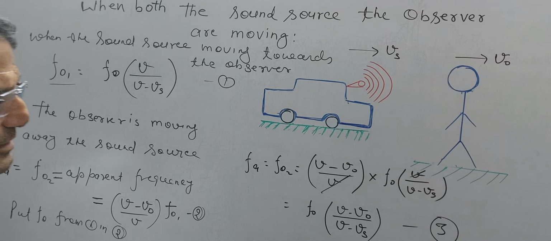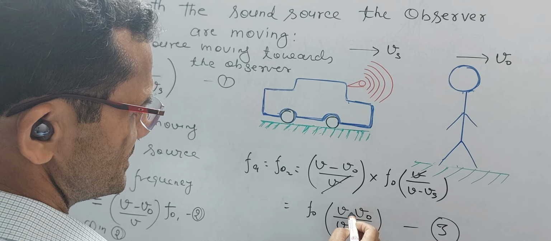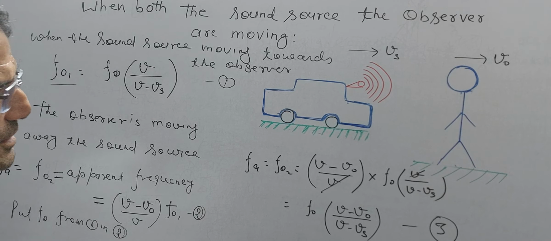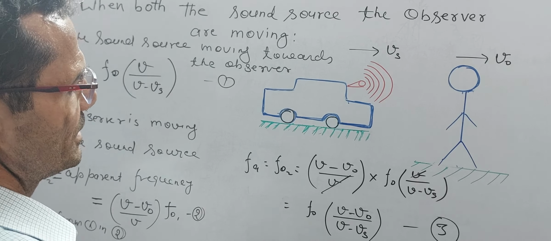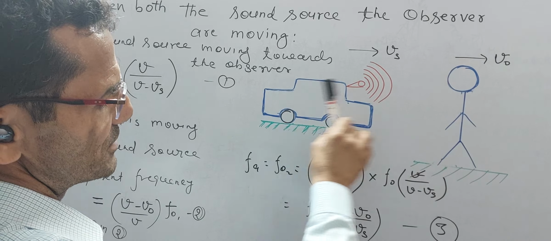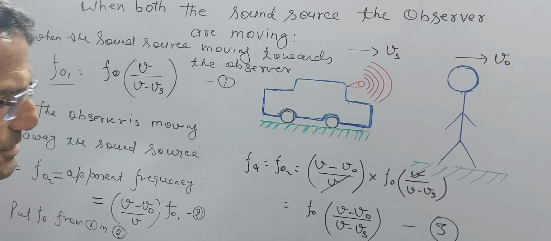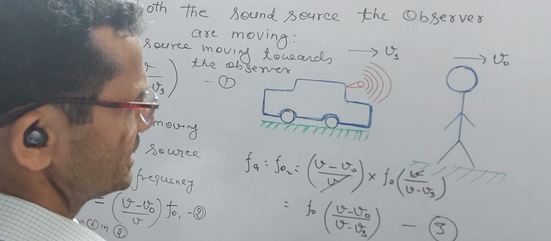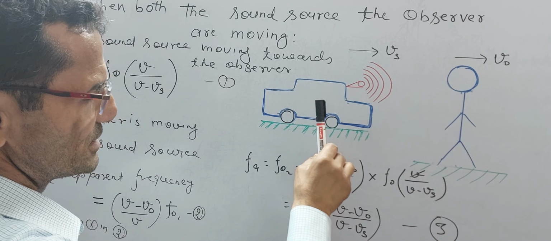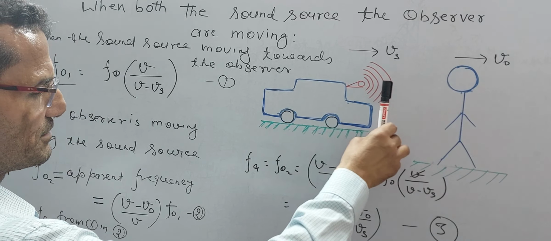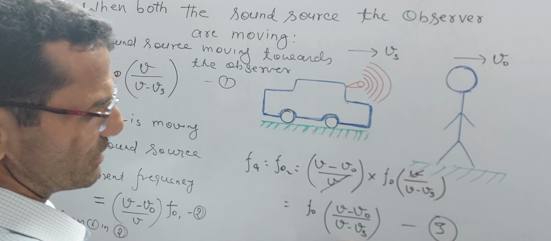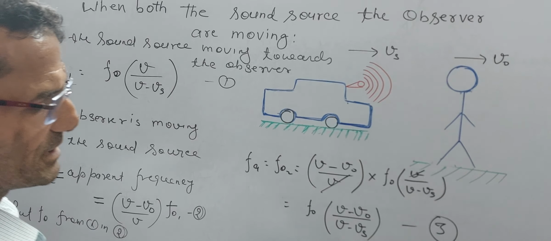So we have to follow the sign conventions also. Whenever the vehicle is moving in the direction of the sound, the source velocity should be positive. If the vehicle is moving away from the direction of the sound velocity, that is, moving to the left-hand side, the source velocity should be negative.